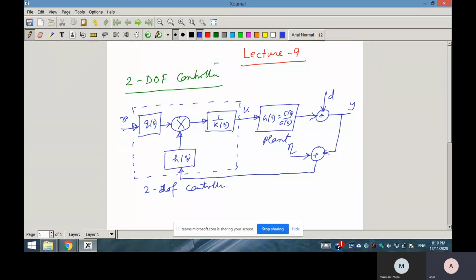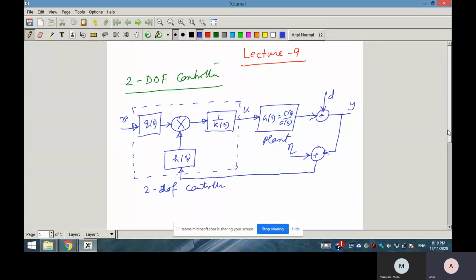Here reference input and output are being treated independently. In case of 1 degree of freedom control, Q(s) equals H(s), so only one input will be there to the controller, that is the tracking error. Got it?